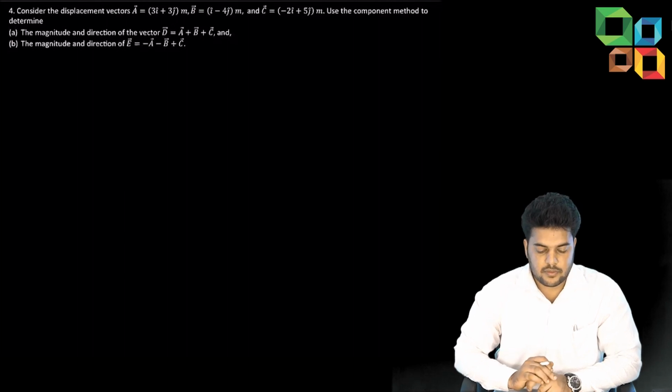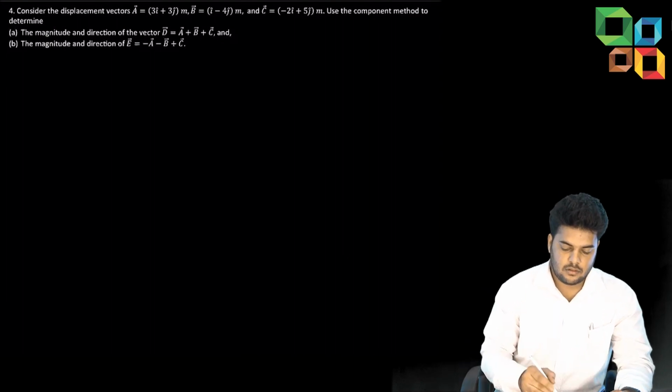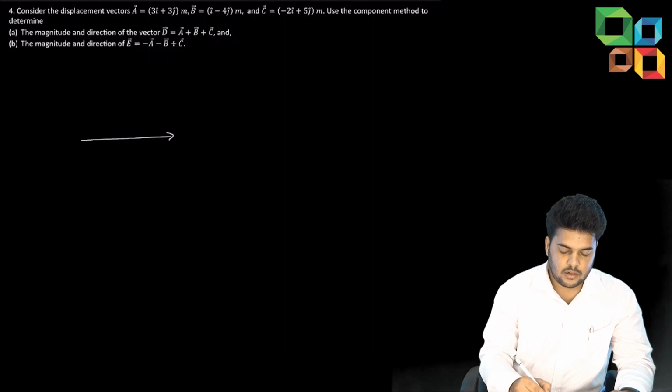Neha, what does the vector A look like? 3i plus 3j. How many steps to the right do we have to walk? 3 steps to the right and 3 steps up. Let's write that down: 3 steps, and 3 steps up.